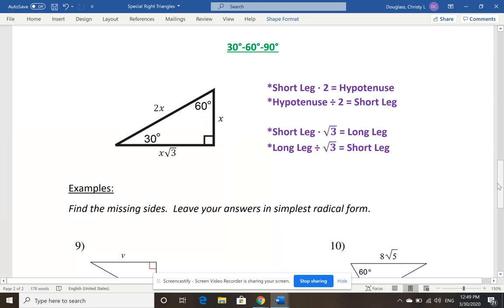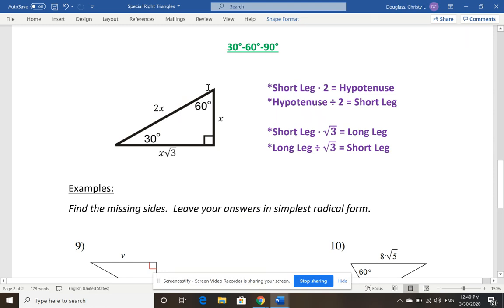Now, one thing about geometry that I would like to remind you about is you can judge the order of the side lengths by the order of the angles. Here's what I mean by that. We know, for example, that your longest side of your triangle is going to be opposite your right angle. So this 2x represents the longest side of your triangle.